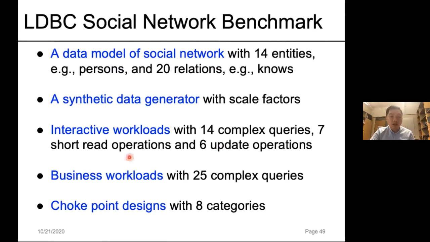And the workloads are 14 complex queries, 7 short operations, and 6 update operations. And it also has the business intelligence workload with 25 complex queries. And it has the choke point design with 8 categories.